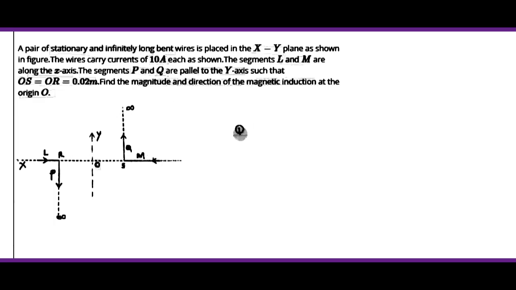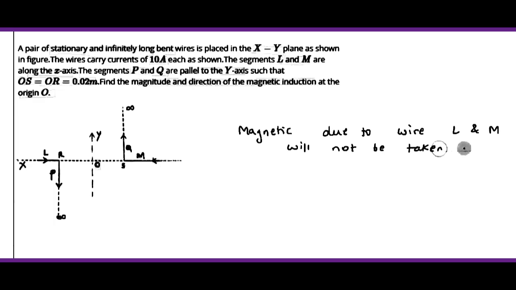So we can see a magnetic field due to section, or we can say due to wire L and M will not be taken, or we can say will not constitute to magnetic field.